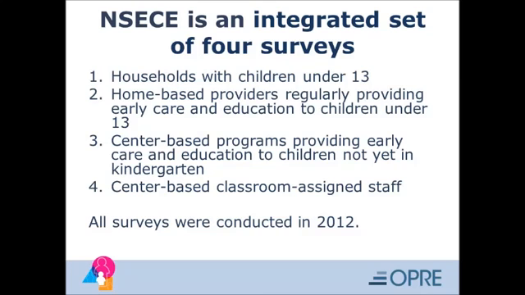Today we will be talking primarily about the household survey, which is a survey representing all households with children under 13. The other 3 surveys in the suite are of home-based providers, regularly providing care to children under 13, center-based providers providing ECE to children not yet in kindergarten, and the staff who work in those centers. The data were collected in 2012.